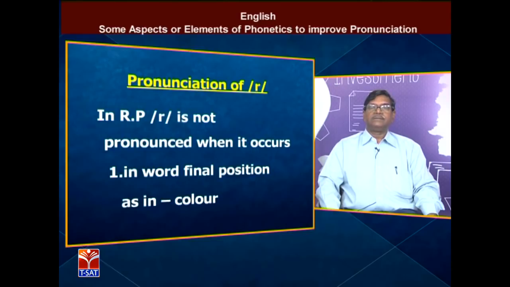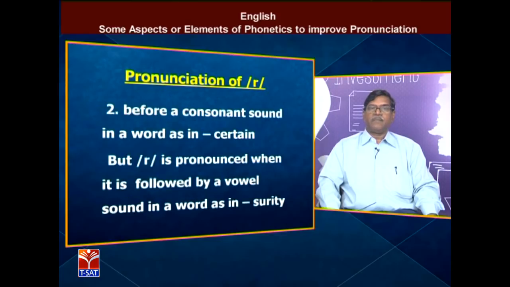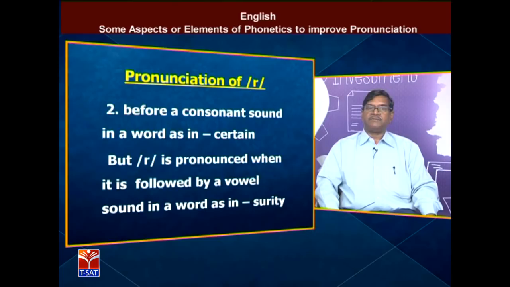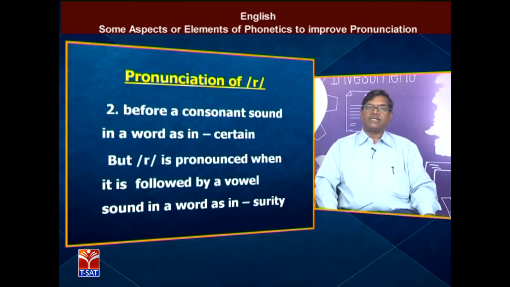So, in such case R is not pronounced. But R sound is pronounced when it is followed by a vowel sound, as in the case of surety. R is followed by a vowel sound. So, R is pronounced in surety.